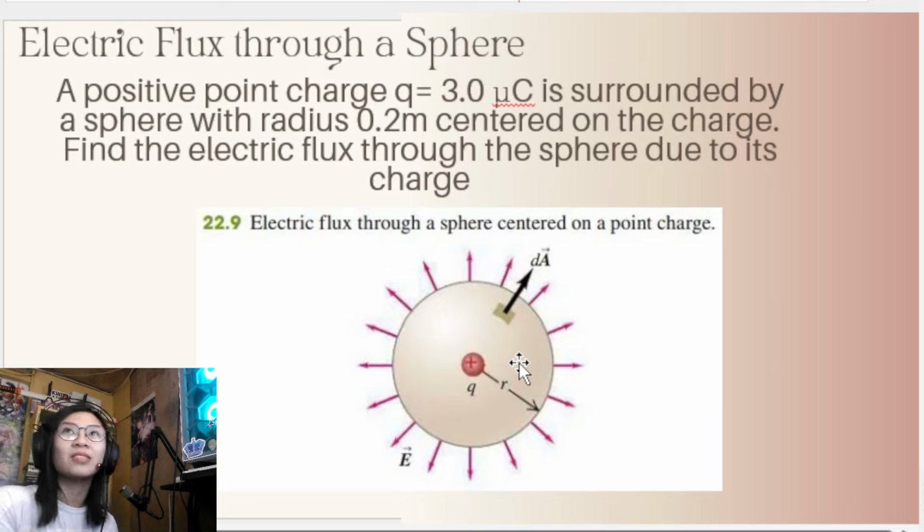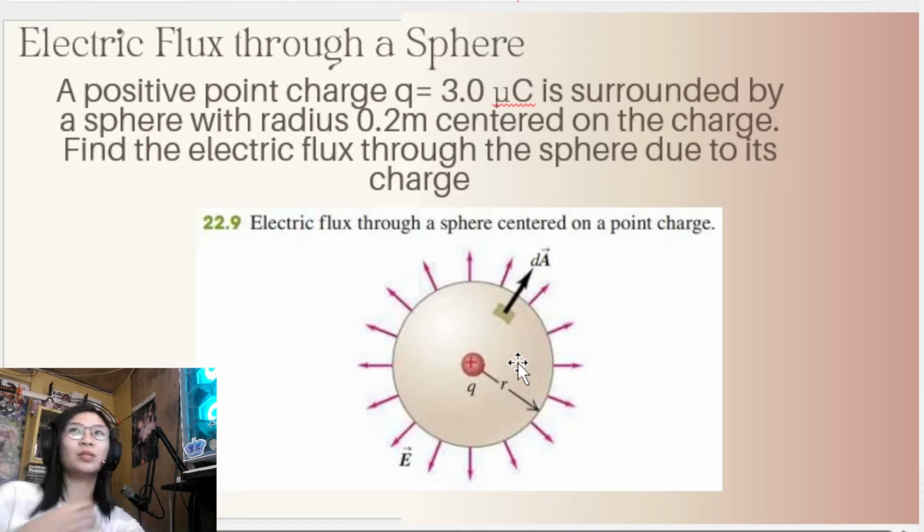So what will happen to its electric flux? Will it still be zero? Actually, the answer here is it will not stay zero, because of the presence of the charge inside, the electric field will now affect the electric flux flowing through your surface.